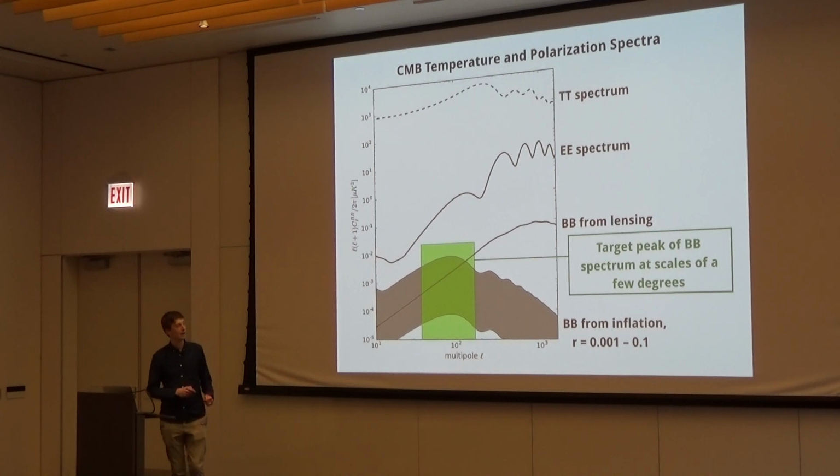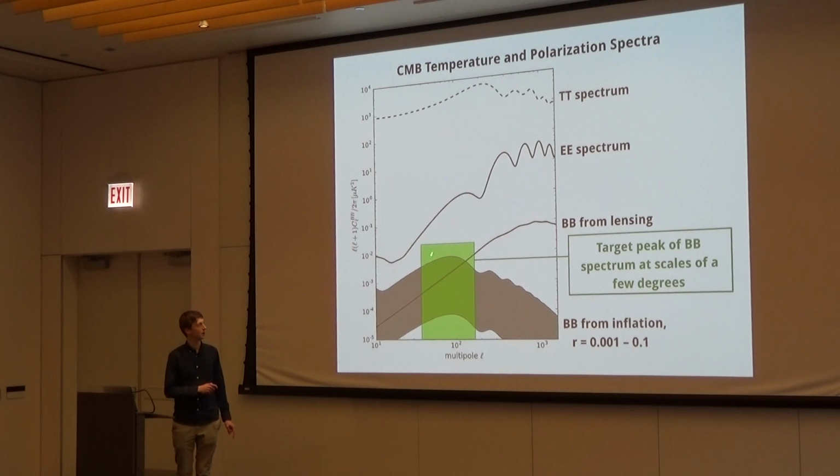So the experimental design of BICEP and Keck, the experimental strategy, is to focus here on this area where this gravitational wave, this tensor signal is peaking. This corresponds to multipoles around L of 80, which is a few degrees in terms of angular scale.